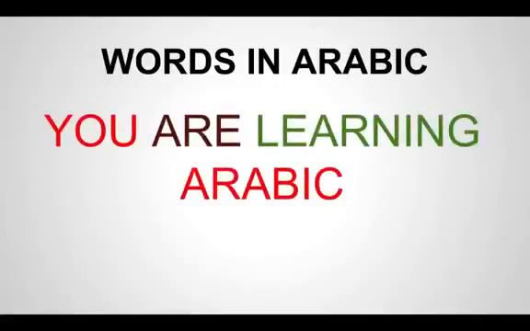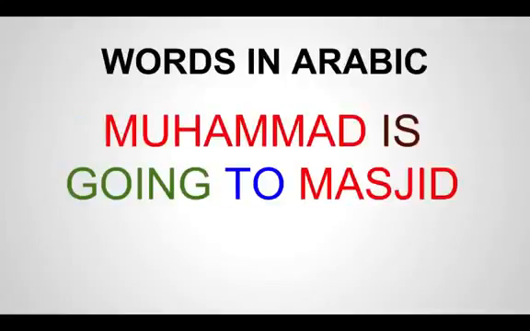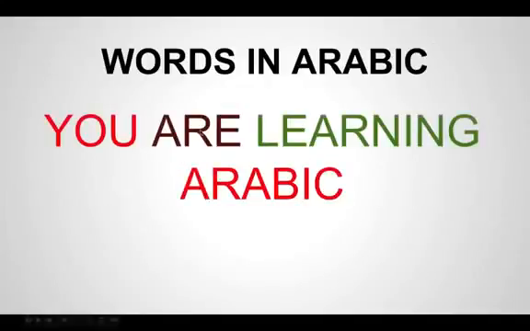You see here there is no harf in this. It's a simple sentence. "You" is an ism, and "learning Arabic"... If you see here, "is" and "are," there is no "is" and "are" in Arabic. This is what we're going to learn in the next session, inshallah, how to recognize these things.